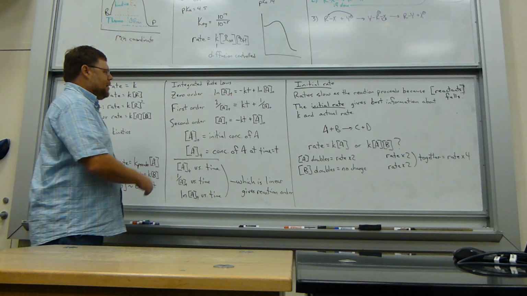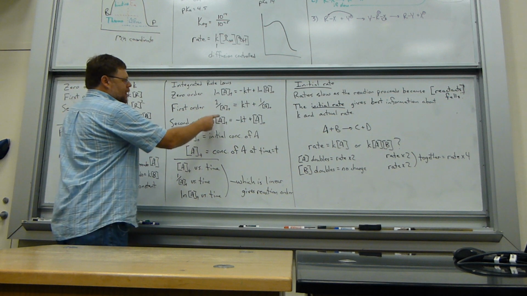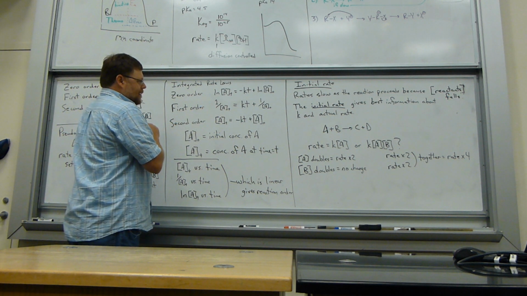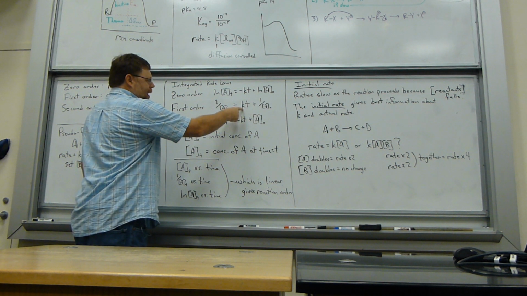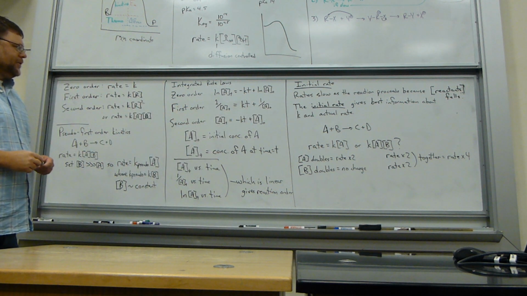So if we were to plot for a first order reaction, you can pause it and read this down here. If we plot the reciprocal of the concentration of A at time t versus time, then the slope is k, and the intercept is the reciprocal of the initial concentration.